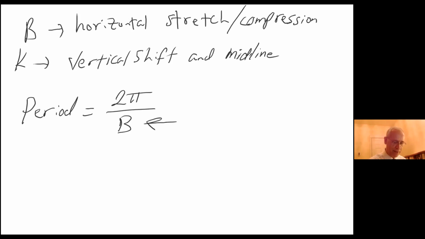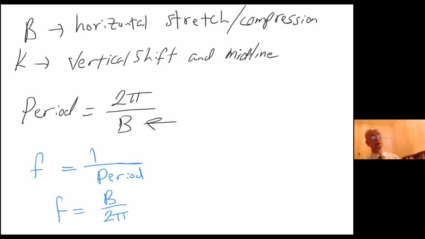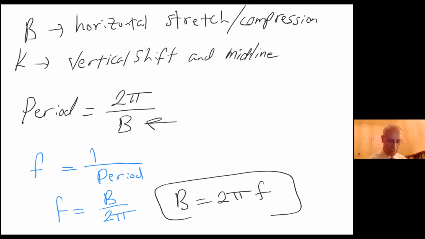We know that the frequency equals 1 over period, which makes it frequency equals b over 2 pi. And if I multiply both sides of this equation by 2 pi, I will get that b equals 2 pi f. So notice that if I find my frequency, then I can calculate what b is.